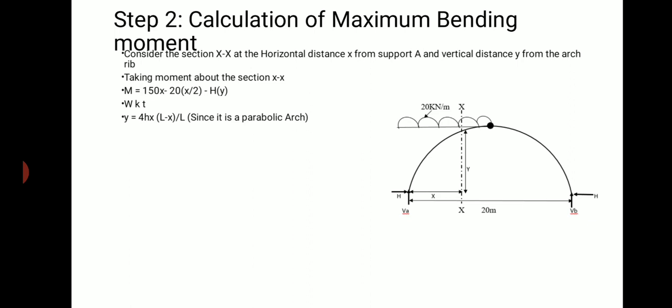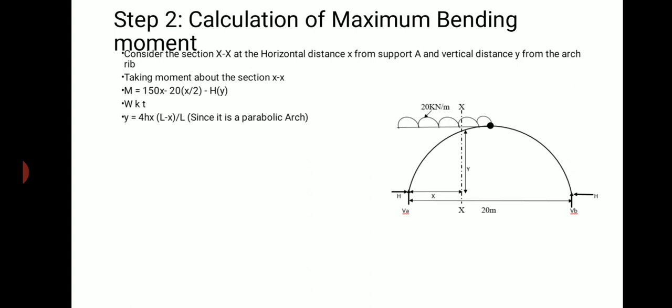We know that in the previous lecture I discussed how to determine the rise for a parabolic arch, which has a general equation y is equal to kx into L minus x.